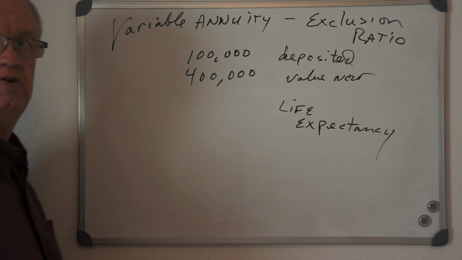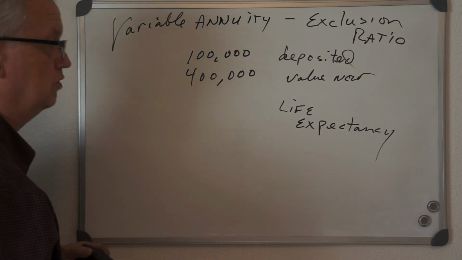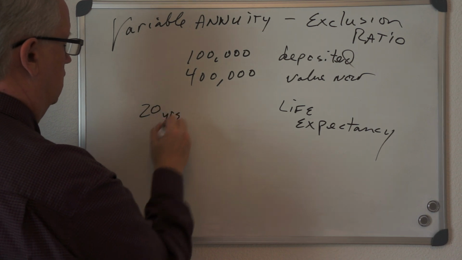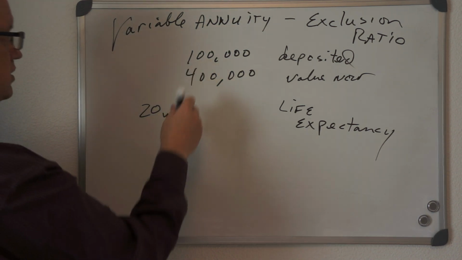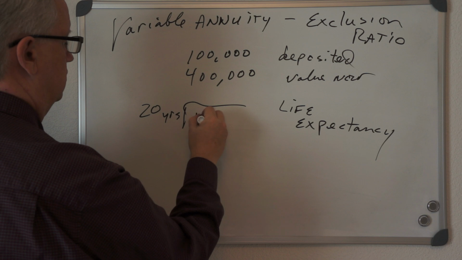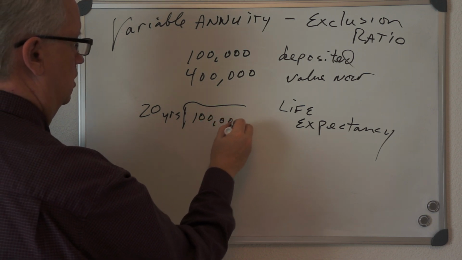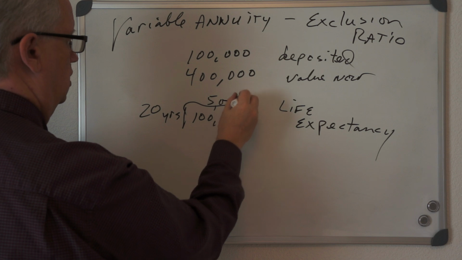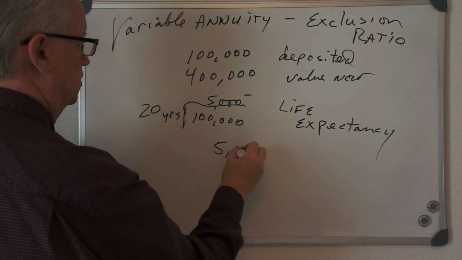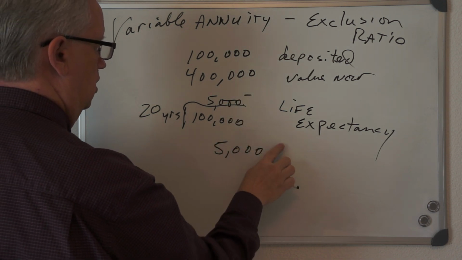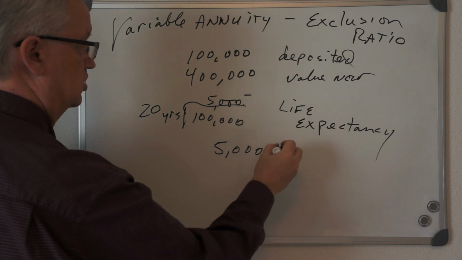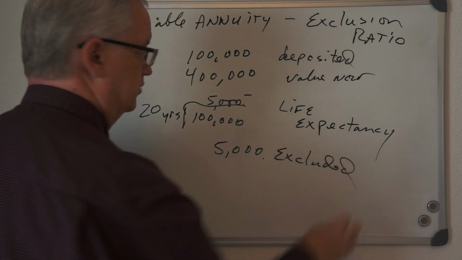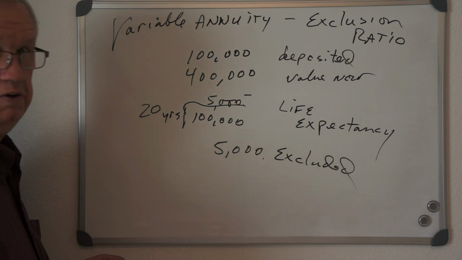So they look up the chart, they say, okay, this is how old you are. You're expected to live 20 years. And how much did you deposit? $100,000. $5,000 is excluded from taxes annually.